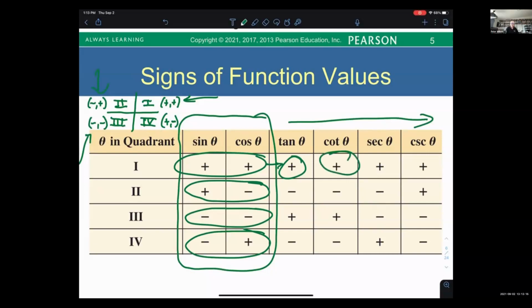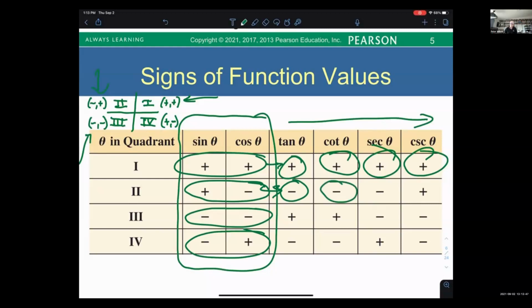Basically, anytime you make a fraction with only positives, you're going to get a positive. When we go to quadrant 2, then tangent, which is sine over cosine, is a positive divided by a negative, which leads you to a negative result. And if I flip that for the cotangent, then I have the negative divided by the positive, but that's still negative.